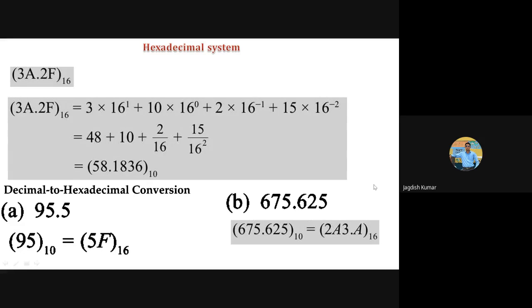So this is the answer. 675.625 is 2A3.A. So I hope you all understood the logic correctly, and that is a good thing.